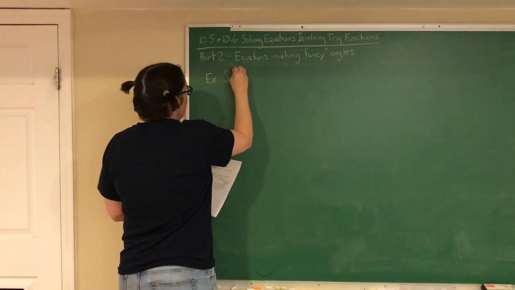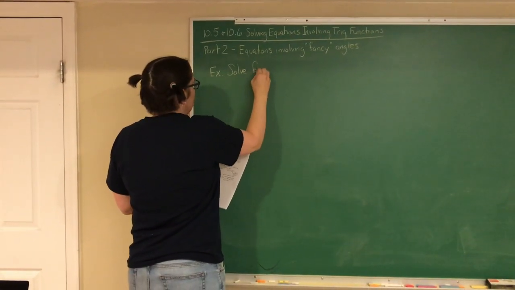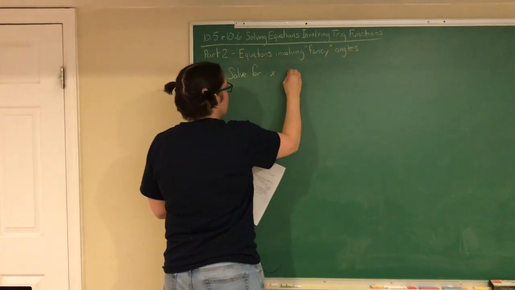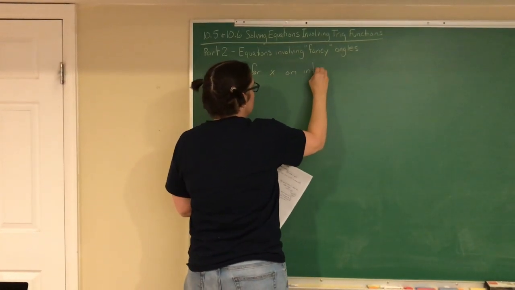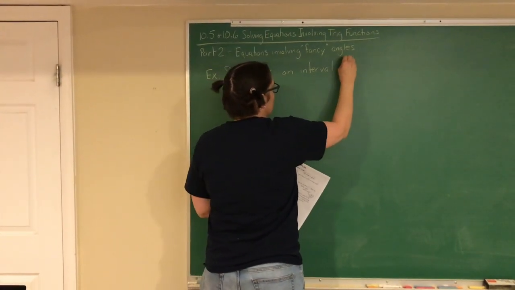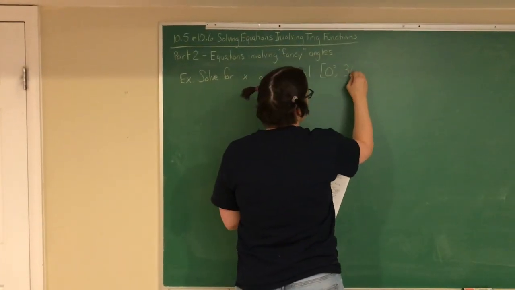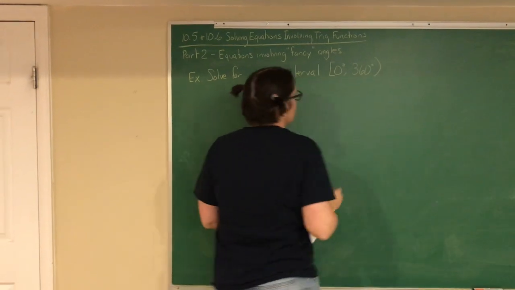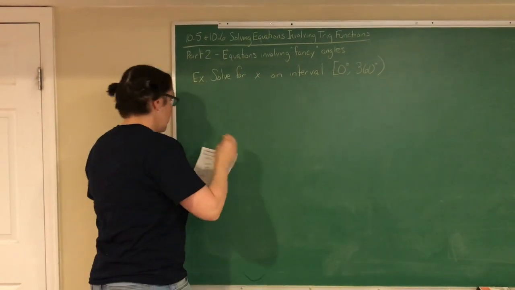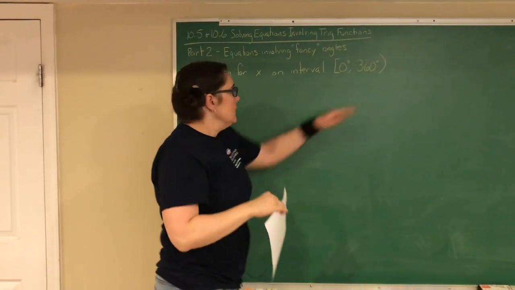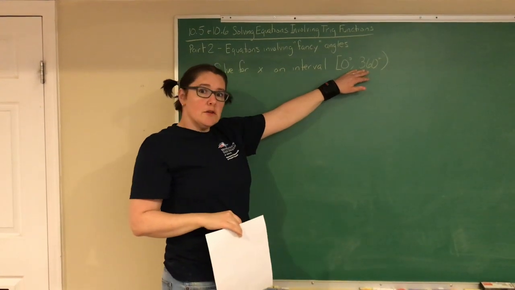So we are asked to solve for x on the interval from 0 degrees to 360 degrees. And by the way, notice how the interval is given in terms of degrees.